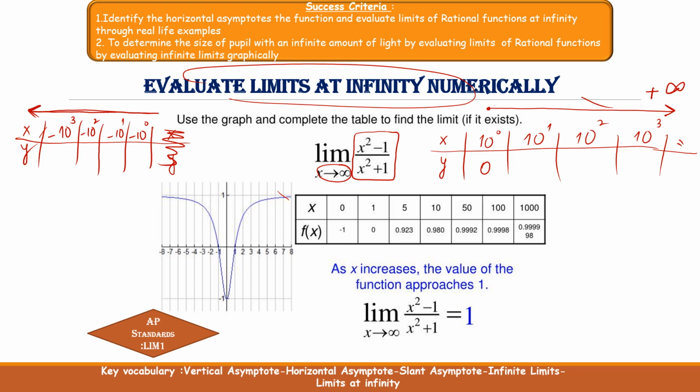When 10 to the power of 1, the answer is 0.980. 10 to the power of 2 means 0.9998. 10 to the power of 3 means 0.9999. Okay, so look at this.